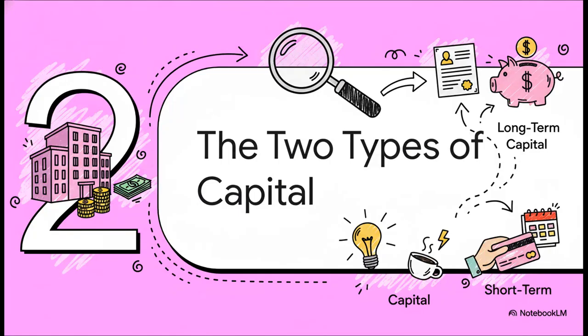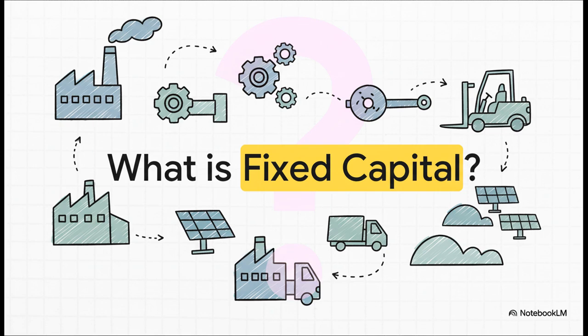Right, so a business needs money for all sorts of things. But think about it. The money you need to buy a huge factory is different from the money you need to pay the daily electricity bill, right? That's why we split the money a business needs, its capital, into two main types. So let's look at the first one, fixed capital. What do you think that is?